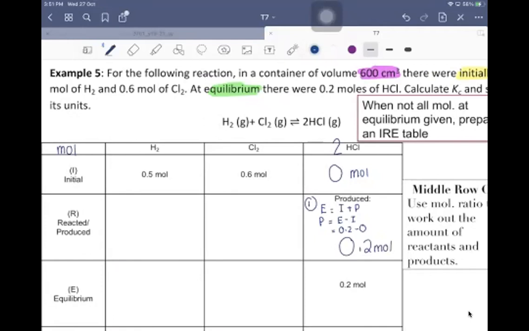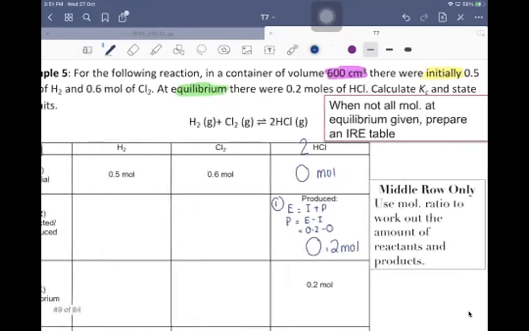Now, how much reactants and products have actually been produced and used up follows the mole ratio.